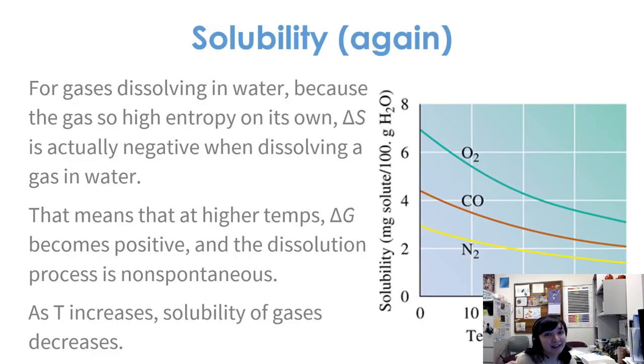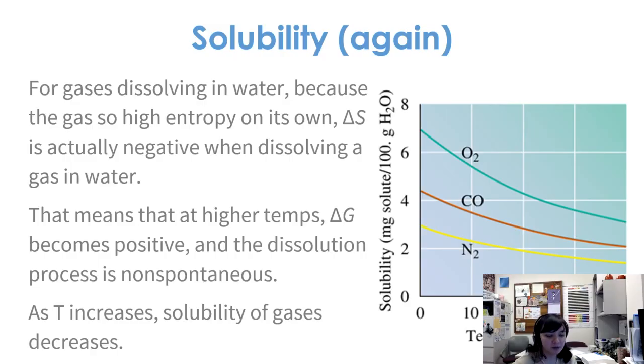That's why it's really nice to have that ice cold McDonald's Sprite that burns so good. That's because, at lower temperatures, you're going to have more CO2 dissolved, or just more gases dissolved in general. And that's true for any gas.